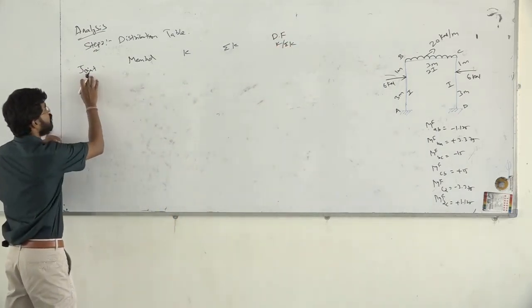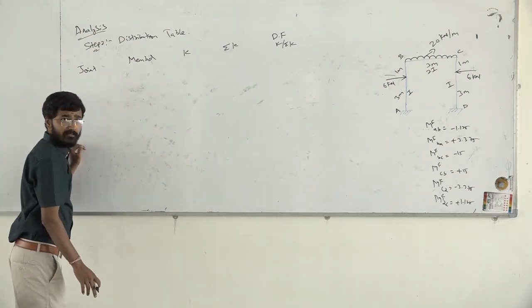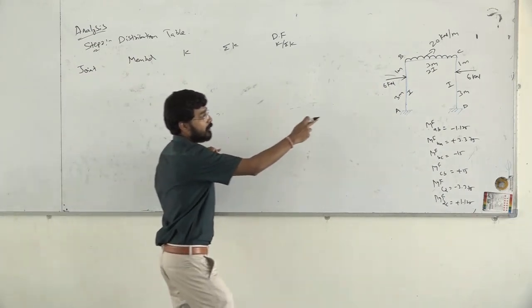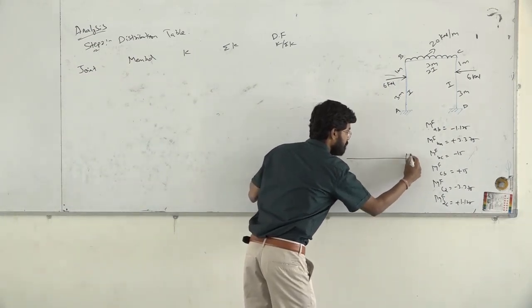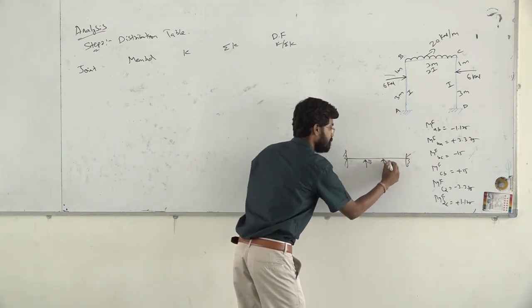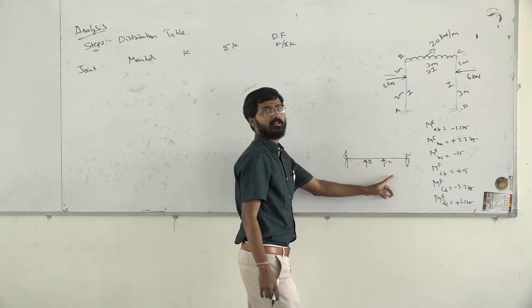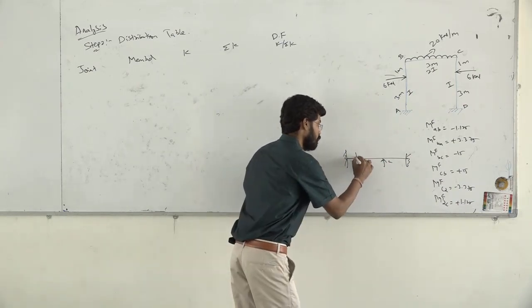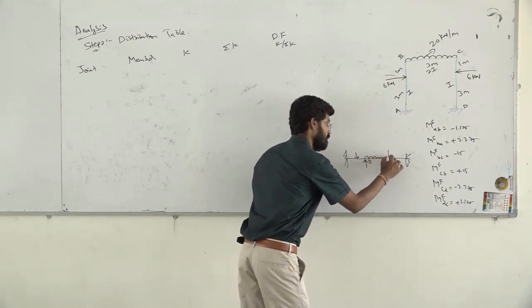Now, how many joints do we have? In the same problem, I have just made this a fixed support. This is our joint B, this is our joint C. Our loading was a UDL over here and this one.